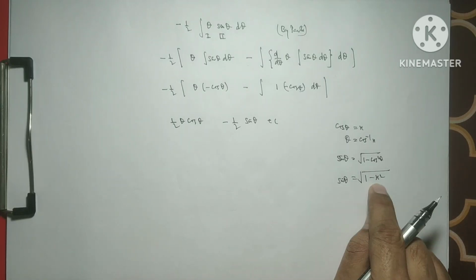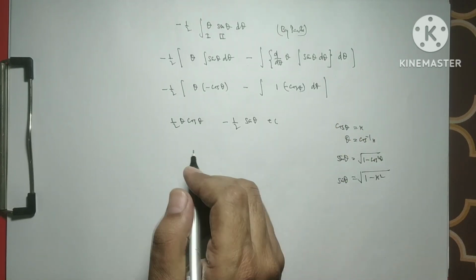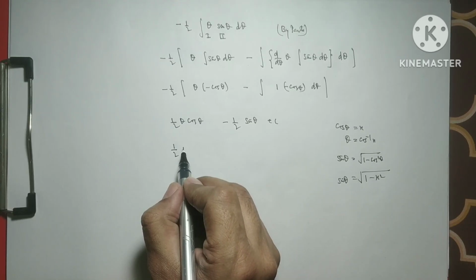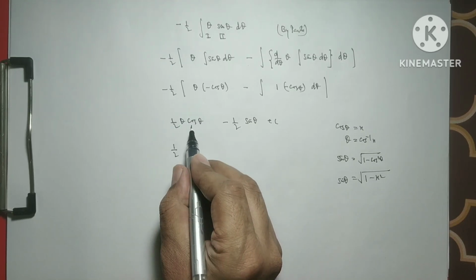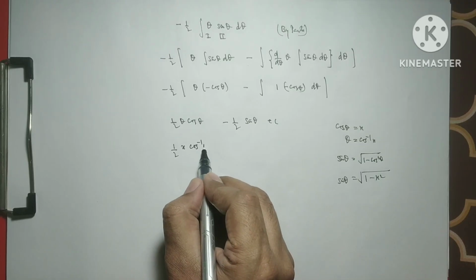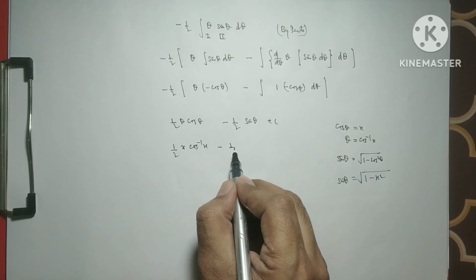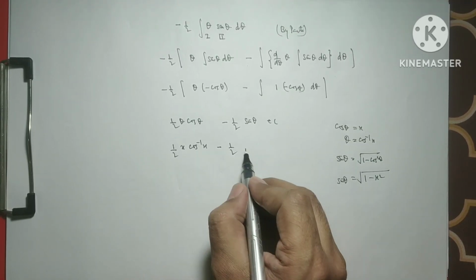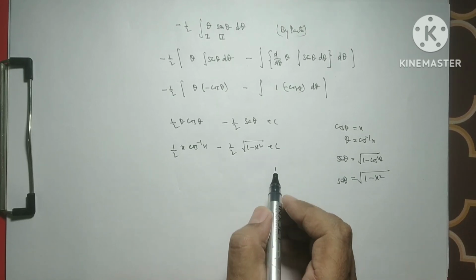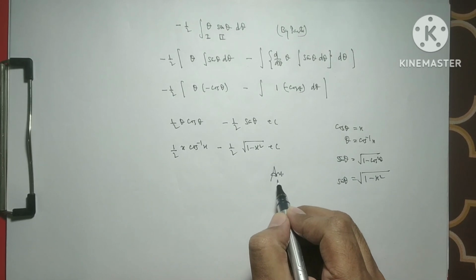So this is the value of sin theta. Right now we substitute these values. So we have half theta is cos inverse x and cos theta is x, minus half, the value of sin theta is under root of 1 minus x square plus c. So this is the answer, and it's very easy.